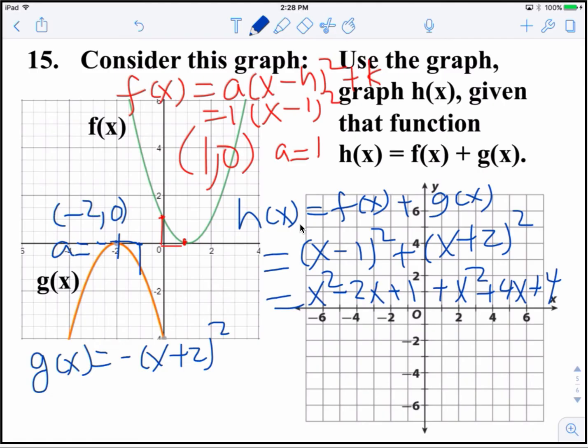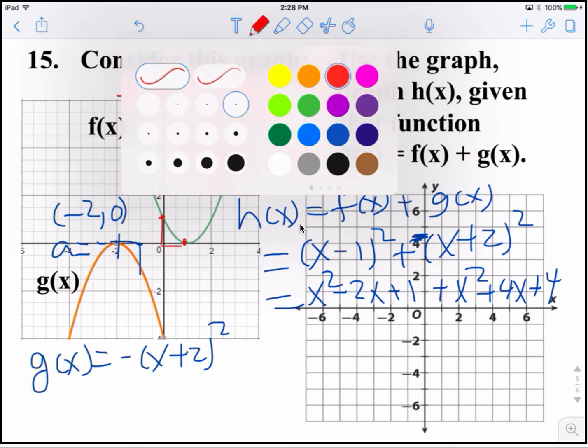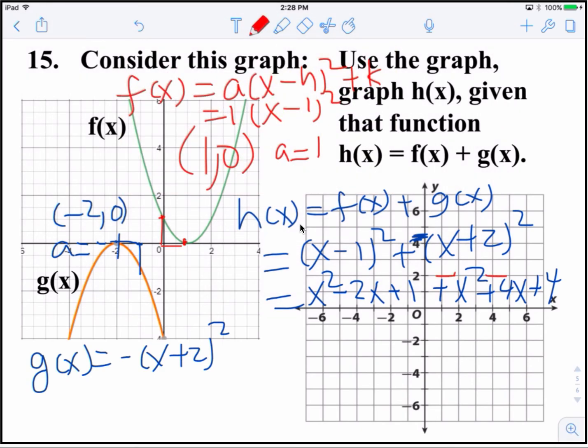Oh, my mistake, there's a negative for g, so let me include the negative there. All of these should have a negative sign. Combine like terms: x squared minus x squared becomes 0. Negative 2x and negative 4x give us negative 6x. And 1 minus 4 gives us negative 3. So this is the function for h of x.